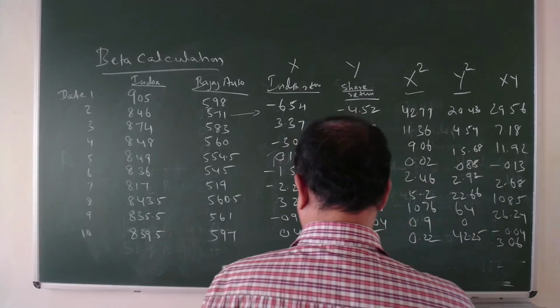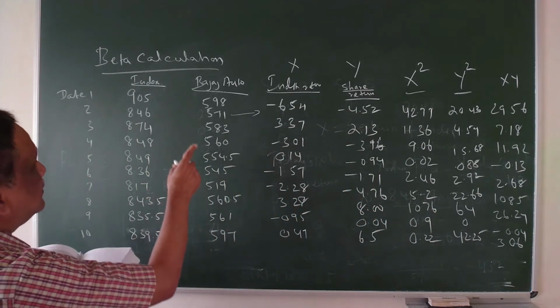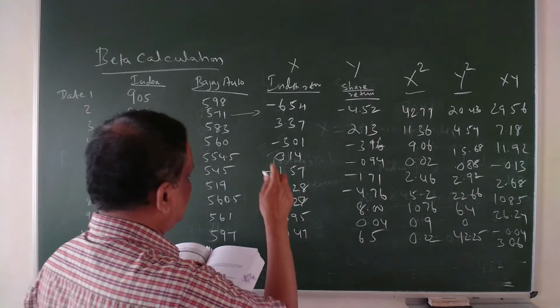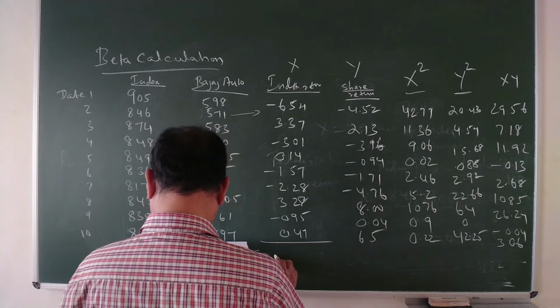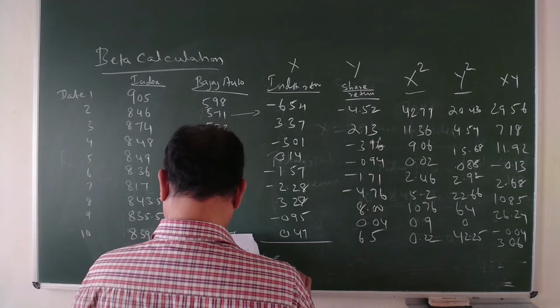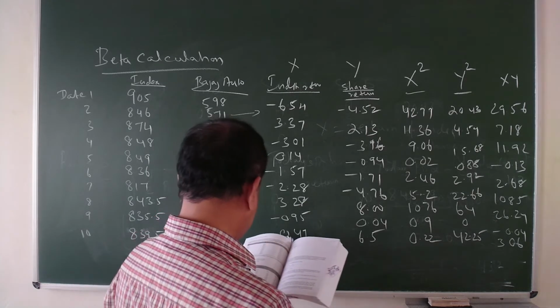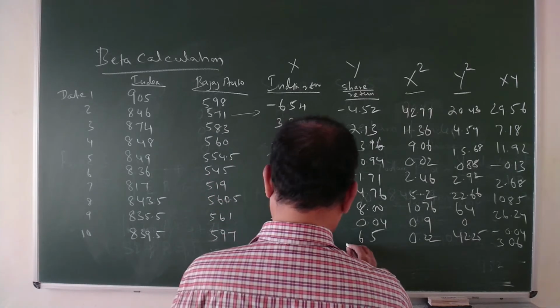So you have to find out the summation. Index return, that is sigma x, equals minus 7.09. Share return, that is sigma y, will be 0.78.